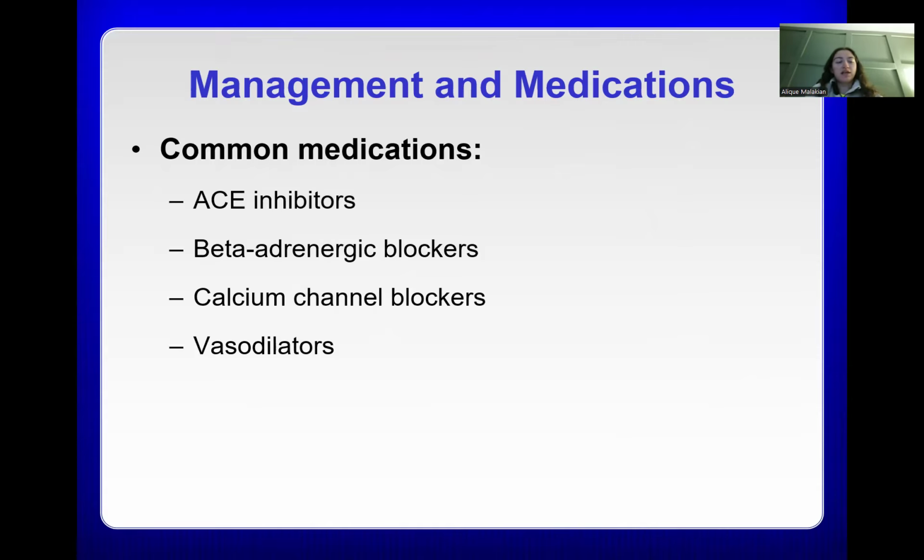So stuff like ACE inhibitors, beta adrenergic blockers, calcium channel blockers, and in general vasodilators to decrease the resistance of blood moving through the different arteries and veins. If you are curious about what each individual medication does, then we have gone through them in the past, so look back on your notes.